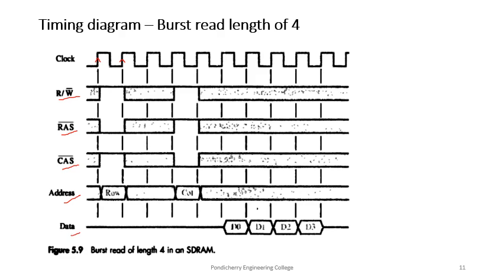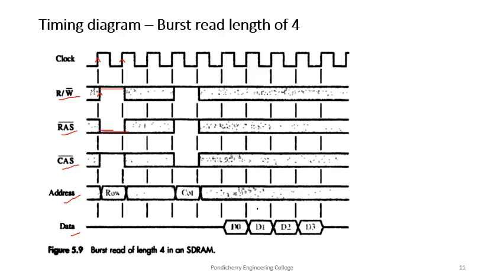Okay, so initially during this clock you can see this read write control is changing from low to high. Read write control high means read operation is selected, and this row address strobe is made low. So this is active low.